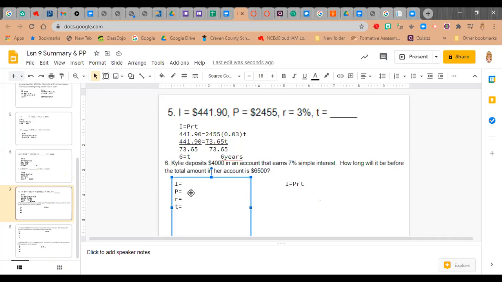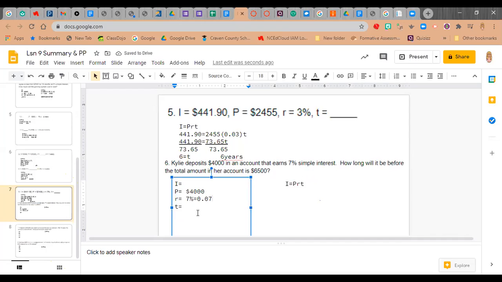Principal. Deposits are principal. So this is $4,000 that earns 7% simple interest. Is that I, R, or T? R. Okay, so 7%. And how are we going to write that? 0.07. There you go.